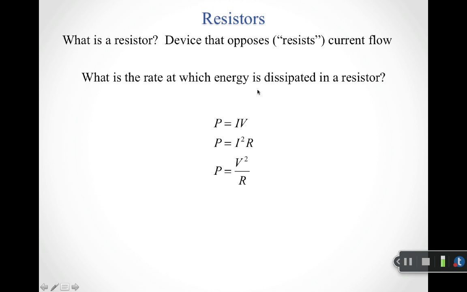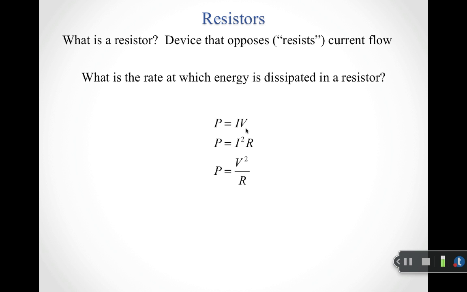So the electrical energy provided by the battery and by the current is dissipated, turned into some other form, like heat, or in the case of a light bulb, heat and light. The rate at which that energy is dissipated is given by this equation: the power is equal to the current times the potential across it. This is the current through your resistor, this is the potential across your resistor.